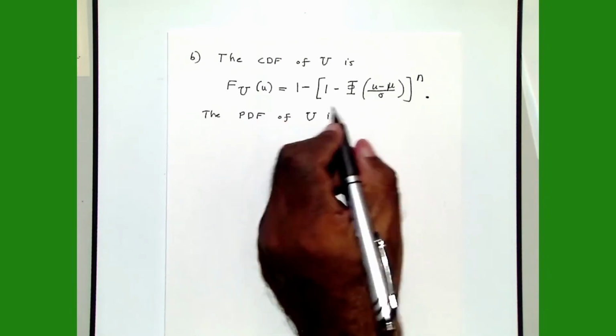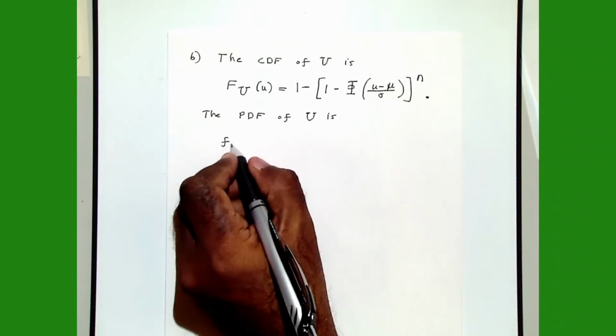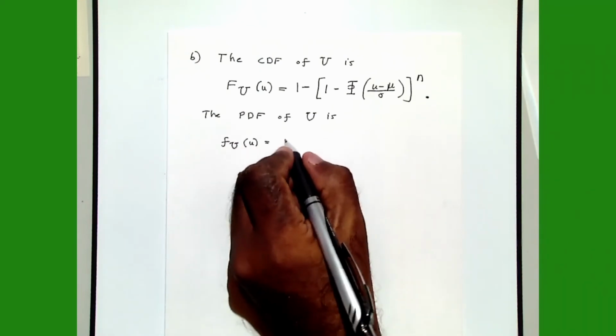of u is just simply the derivative. You should differentiate this with respect to u, you will get the following.